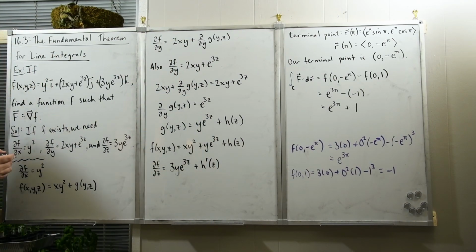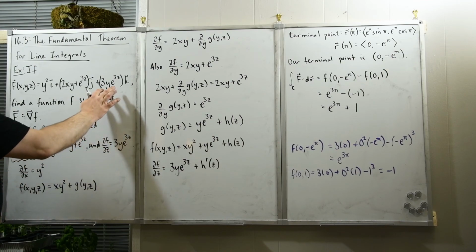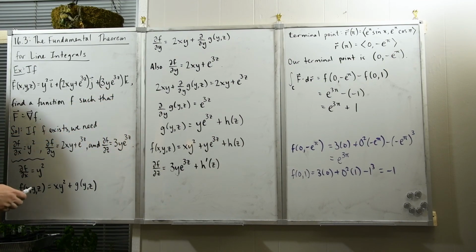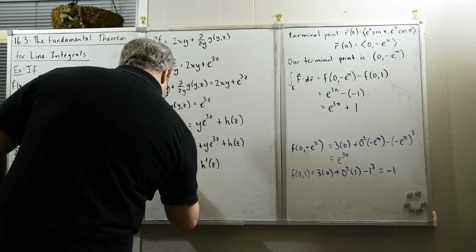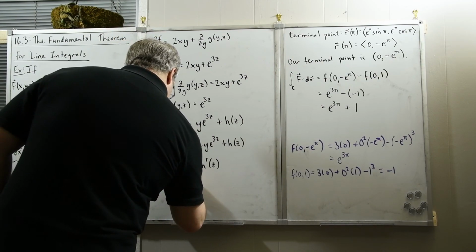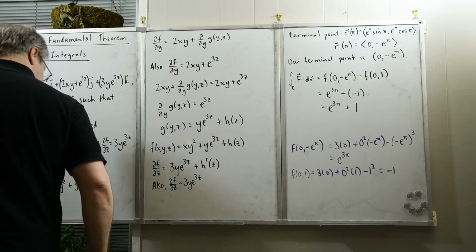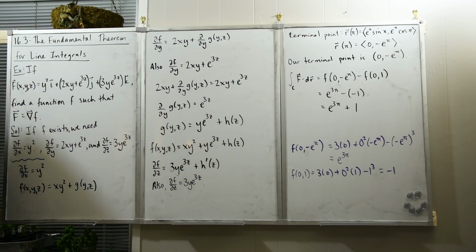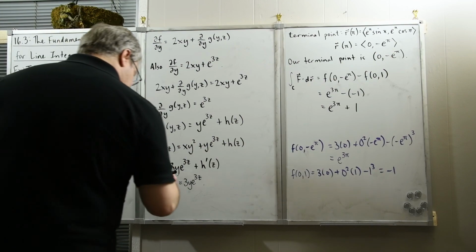So that's one way to represent your partial of f with respect to z, but we said earlier that partial f with respect to z would also have to be the component function for k, which is 3y e to the 3z. So at this point, we have two different representations for the partial of f with respect to z. And because of that, we can set those representations equal to each other.